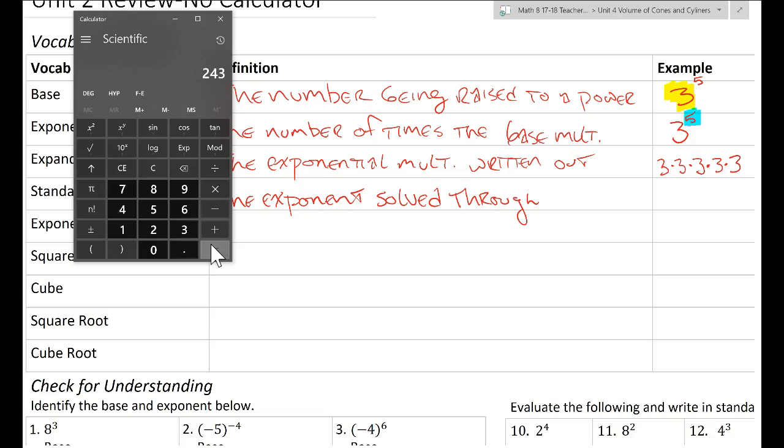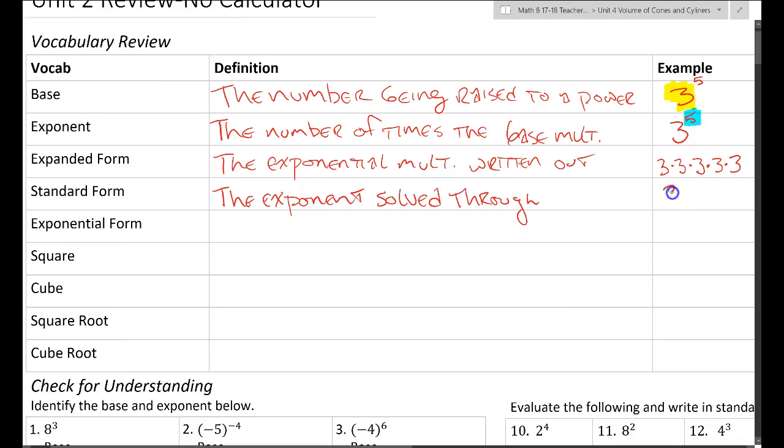That is 243. Exponential form is, well, we'll just say displayed or shown with a base and exponent. So that'd be 3 to the 5th power.